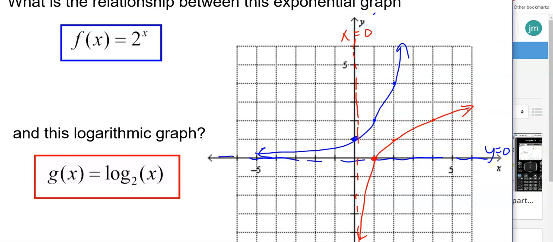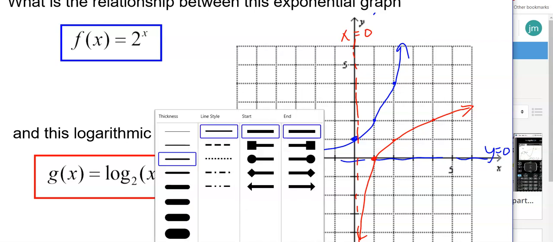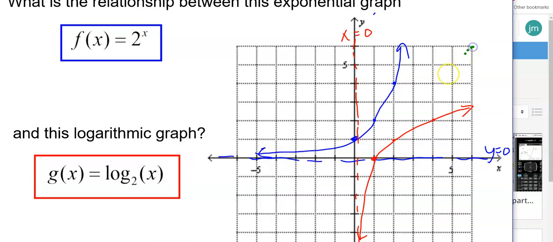Okay, and I don't know if you see the relationship there. You might even see that if I were to draw a dotted line here, I didn't draw that very good. Try to draw it through the.